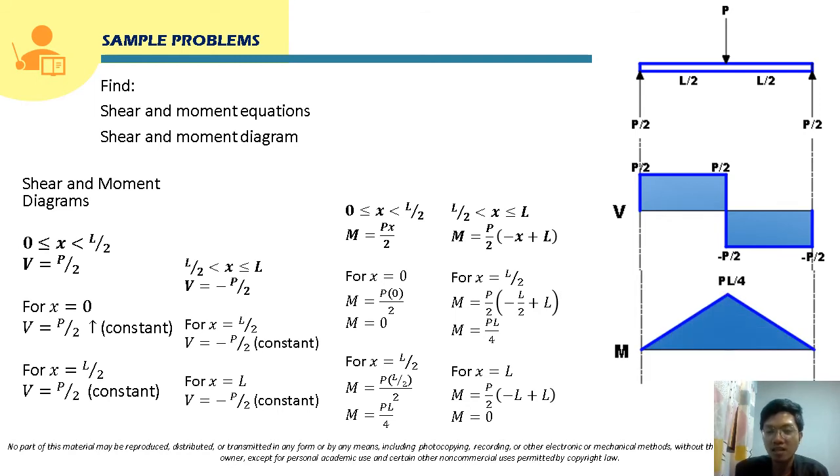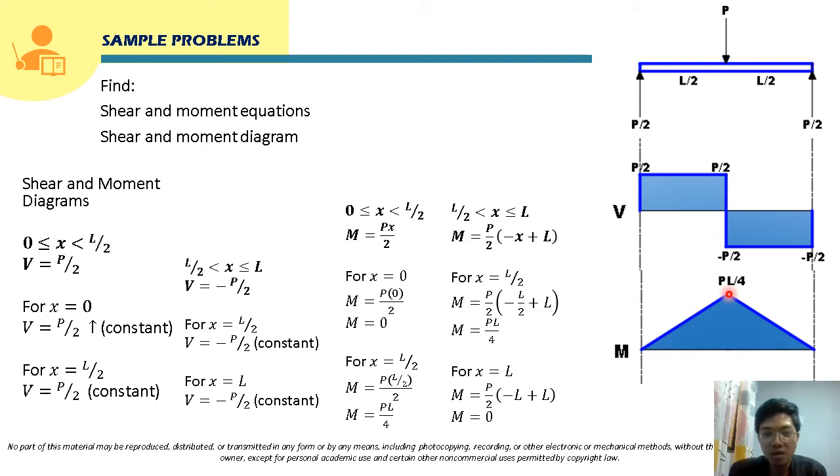So plotting this in the moment diagram, for x equal to 0 the moment is 0. For x equal to L over 2, the moment is PL over 4, and this is positive, so it is above the x-axis. So PL over 4 is here.